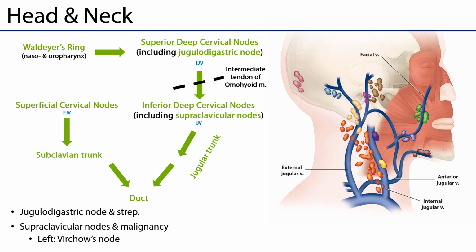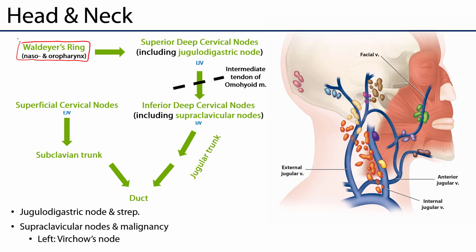So let's take a look at some of the principal groups of lymphatic tissues and nodes in the head and the neck. Surrounding regions of the naso and oropharynx, we have Waldeyer's ring.